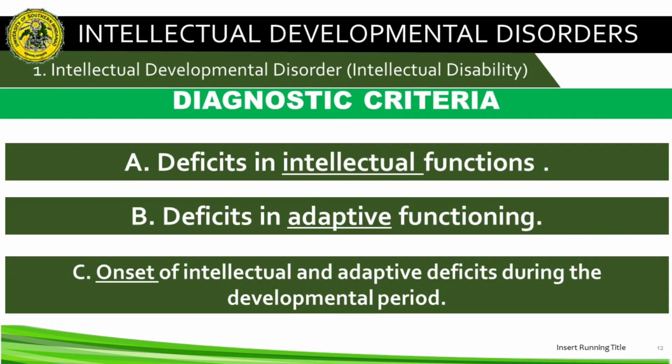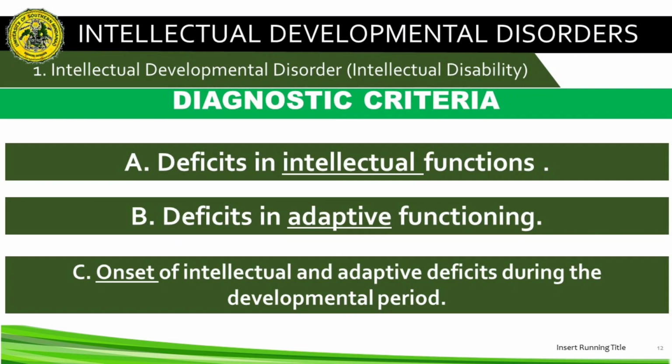So for criterion A, it involves deficits in general mental abilities. So critical components include verbal comprehension, working memory, perceptual reasoning, quantitative reasoning, abstract thought, and cognitive efficacy. So intellectual functioning is typically measured with individually administered and psychometrically valid, comprehensive, and culturally appropriate tests of intelligence.